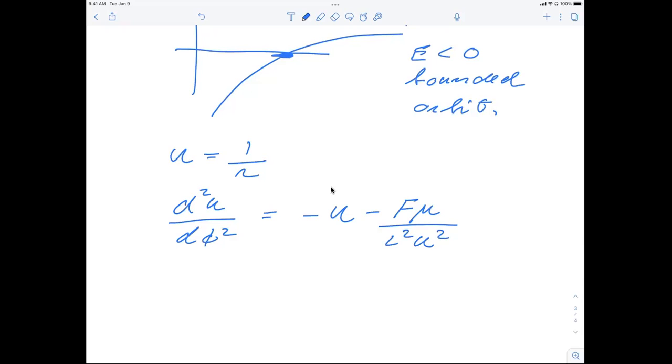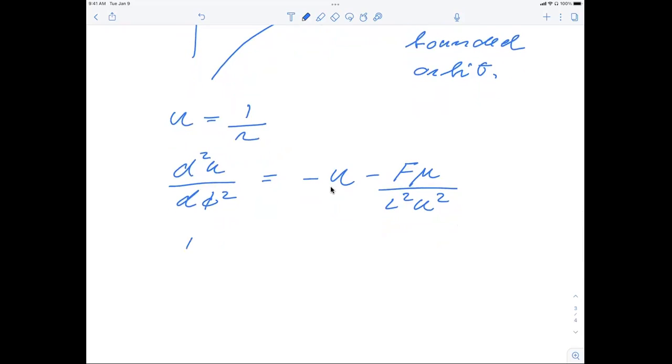Now, in our case, this force F is given by this constant K divided by R cubed, which is the same as K times U cubed.